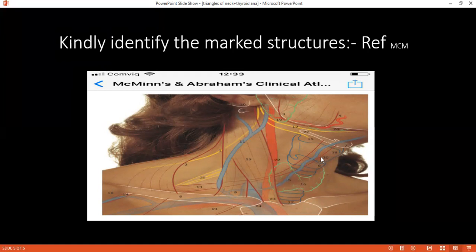What is this 29? 29 is the brachial plexus, the trunk. Very good. Which structure would this be, number 1? Structure 1 is likely the spinal accessory nerve.